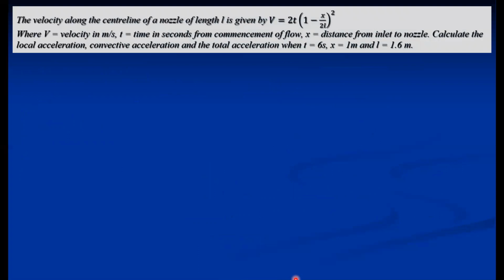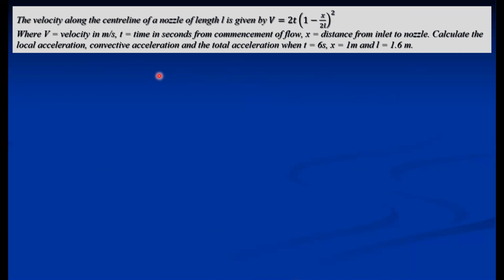In the second numerical, the velocity along the center line of the nozzle of length L is given by this expression, where V is the velocity in meters per second, t is the time in seconds from commencement of flow, and x is the distance measured from the inlet of the nozzle.